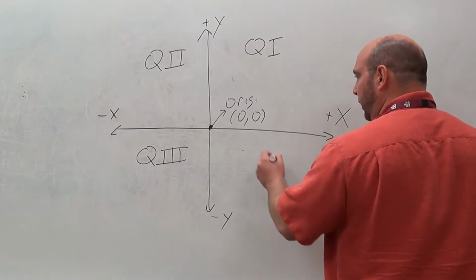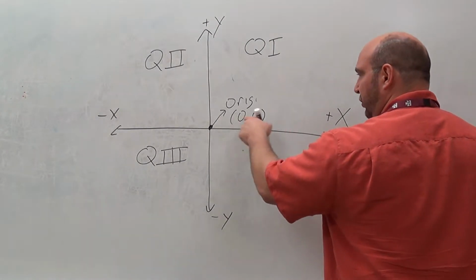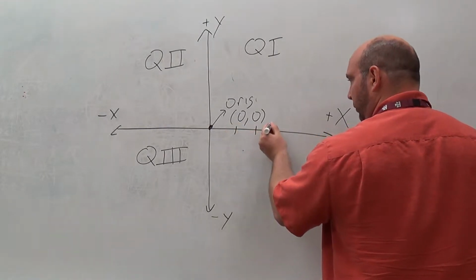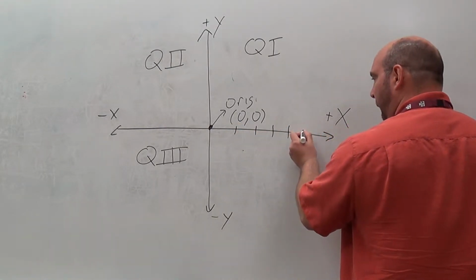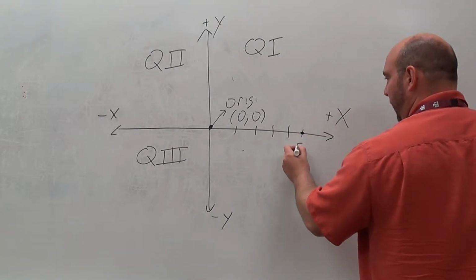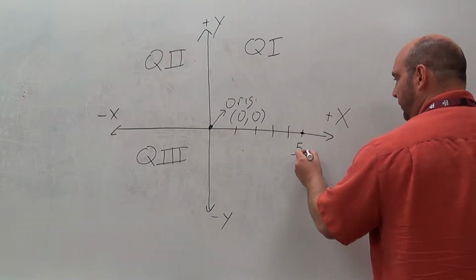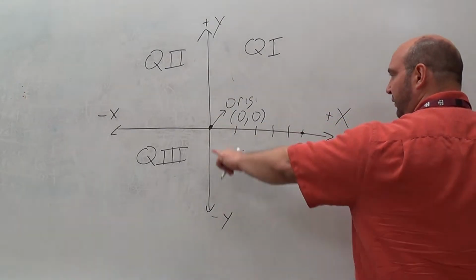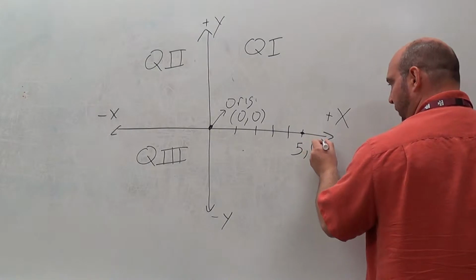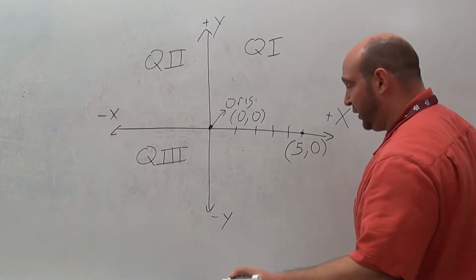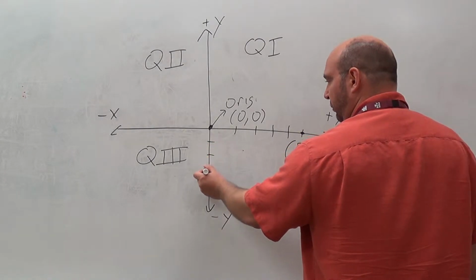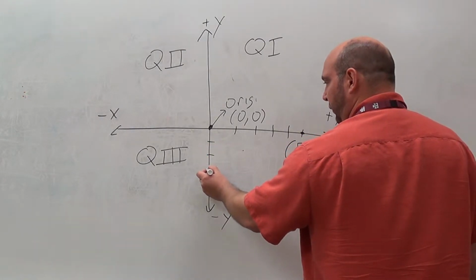So at this point, my origin is 0, 0. So at this point, I've got 1, 2, 3, 4, 5. So this point right here is going to be 5 in reference to my x's, but you'll notice in my y's, at the 0, it doesn't go up or down, so I'm at 0. So there's my 5, 0. In this case, here's 1, here's 2, here's 3, right there.